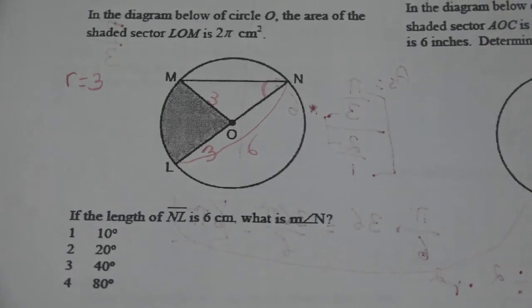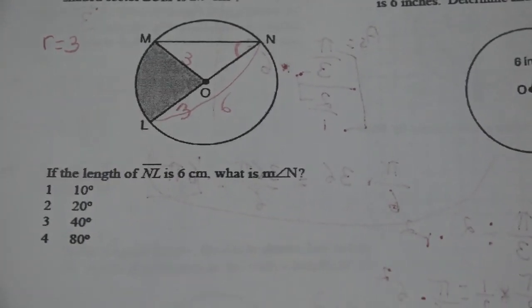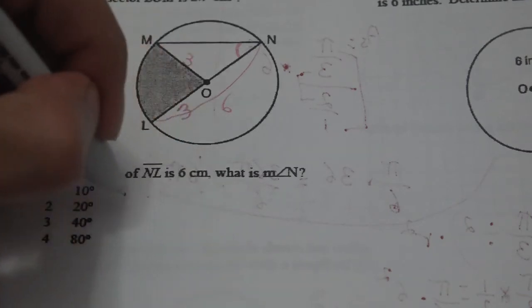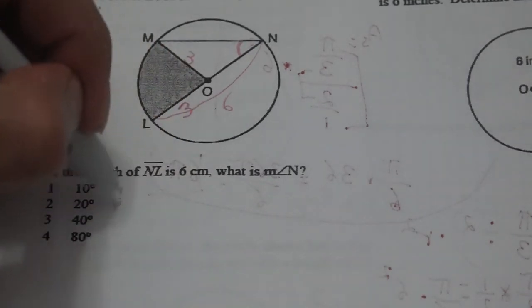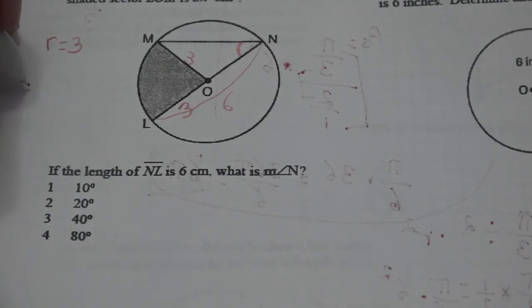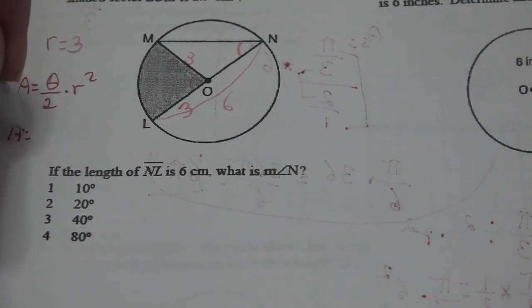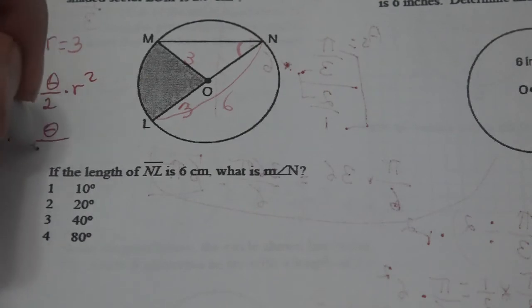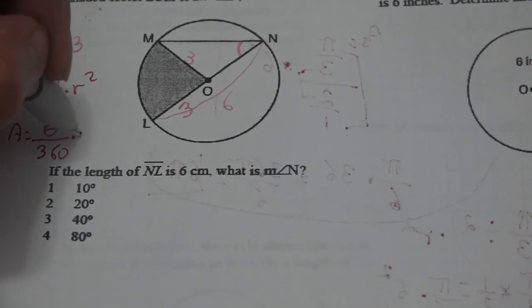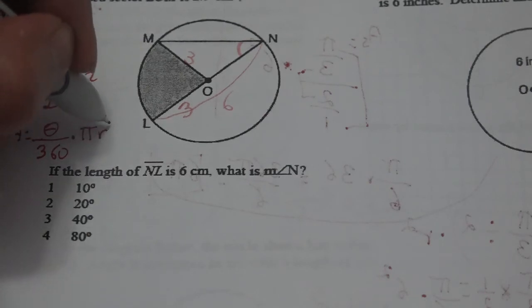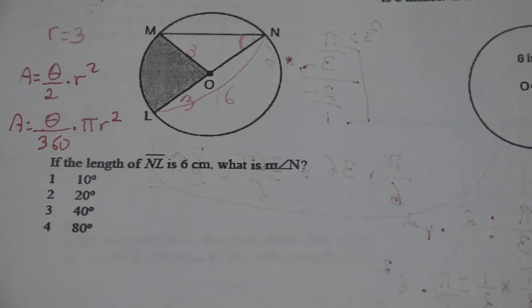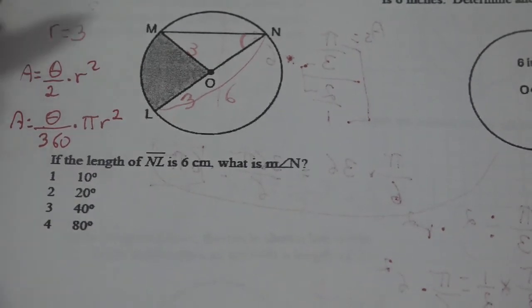So let's bring out the formula for the area of a sector. If we're talking about radians, the area is theta divided by 2 times r squared. If we're talking about degrees, it is the angle over 360 times pi r squared, the formula for the area of a circle. I'm going to use the radian one, just because it says the area of the shaded sector is 2 pi.